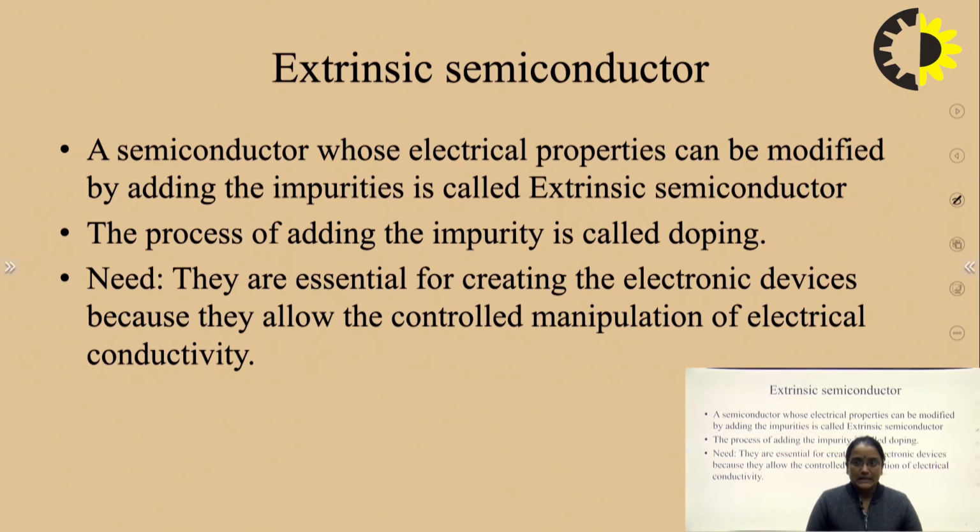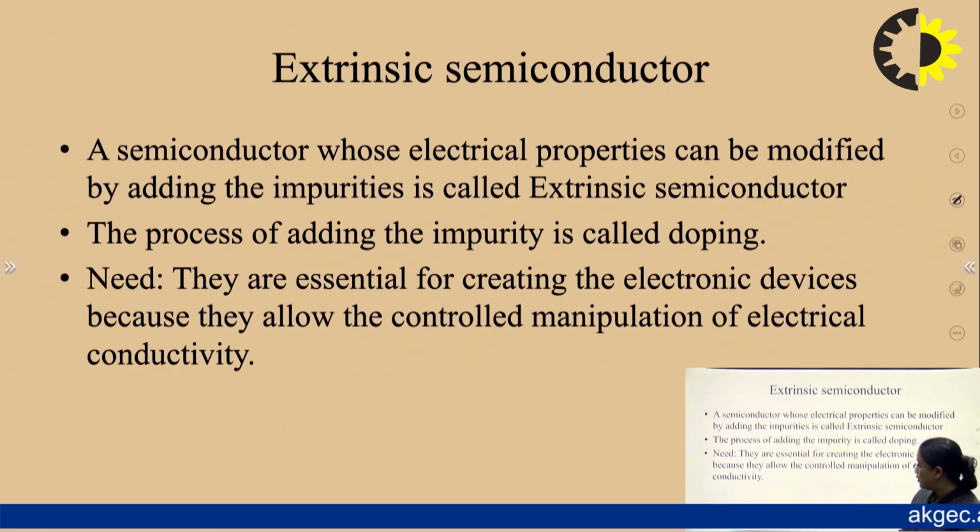So, what is the basic need or significance of doping? It is essential for creating electronic devices because it allows the controlled manipulation of electrical conductivity. Because by increasing or decreasing the amount of doping impurity, we can easily control or manipulate the electrical conductivity of our device. So, this is the basic need.